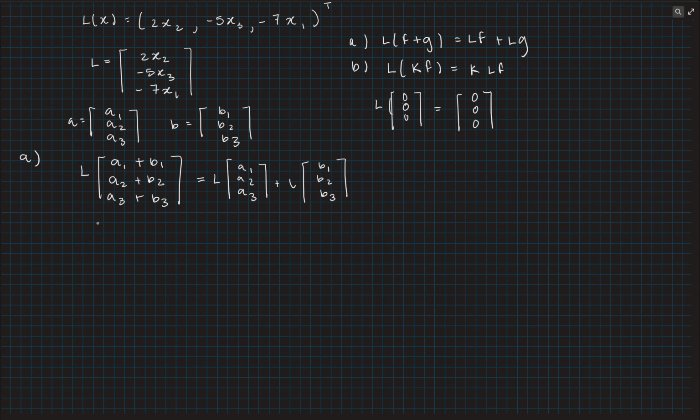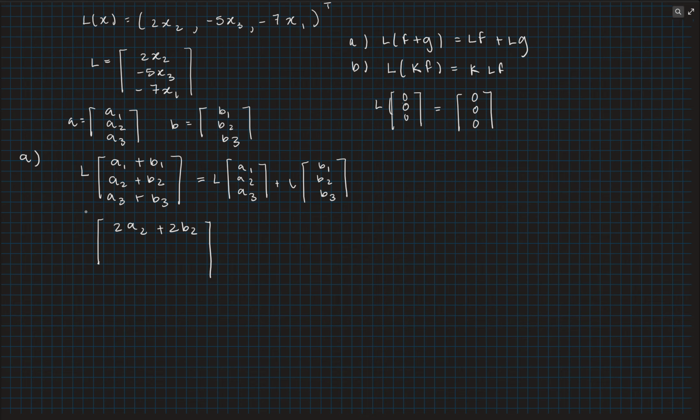The first row is 2x2. So here, this is x2. So I get 2a2 plus 2b2. And then the next row is negative 5x3.